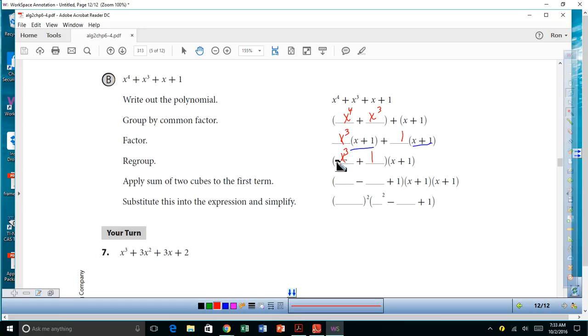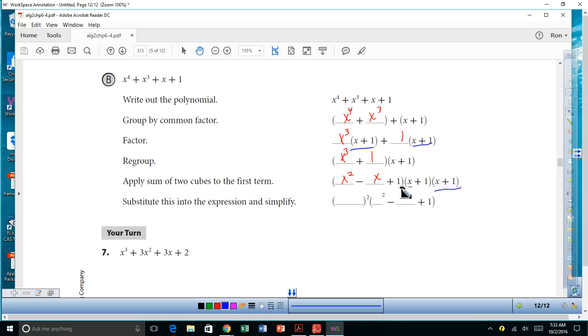Now we have a perfect cube here, right? So we've got the x plus 1 there, the x plus 1. And if we factor this out, we're going to end up with x squared minus x plus 1.